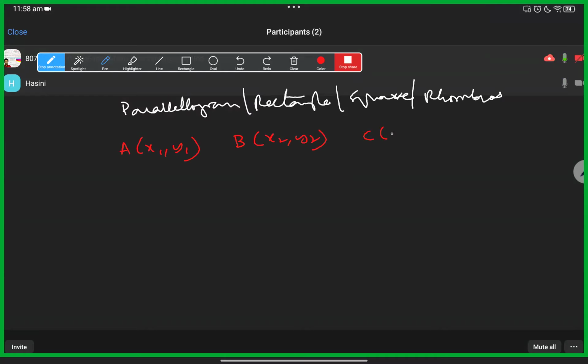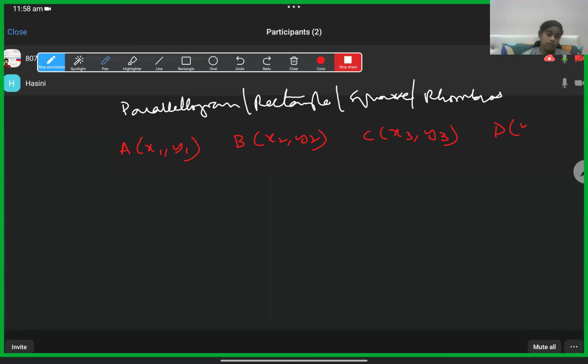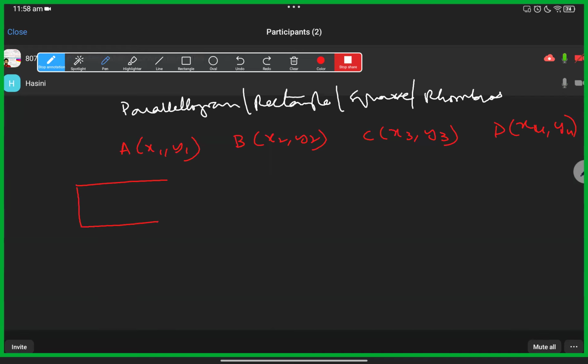See, a total of 4 points will be there because it is a quadrilateral, with the fourth point D (x4, y4). If I draw a rough quadrilateral, let us not name anything like rectangle or parallelogram. We will just consider all of them as a parallelogram or rectangle.